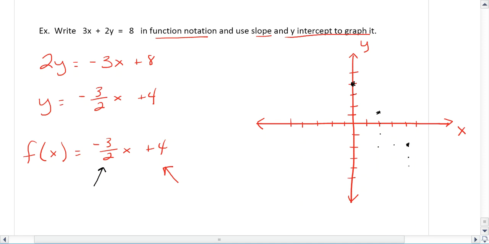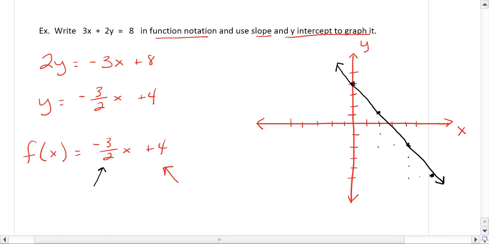Down 3 and over 2 and put a point. And of course this would look just fabulous on graph paper. And then we connect the dots that we made by counting our slope. And that's how we graph a line when it's in the slope-intercept form.